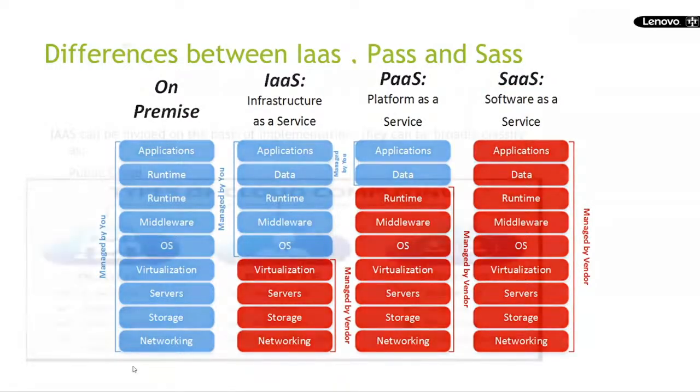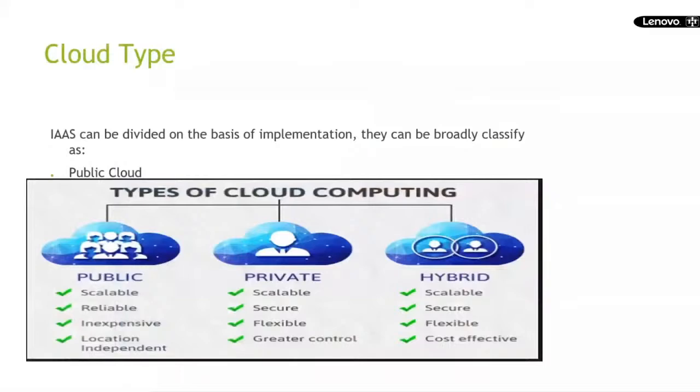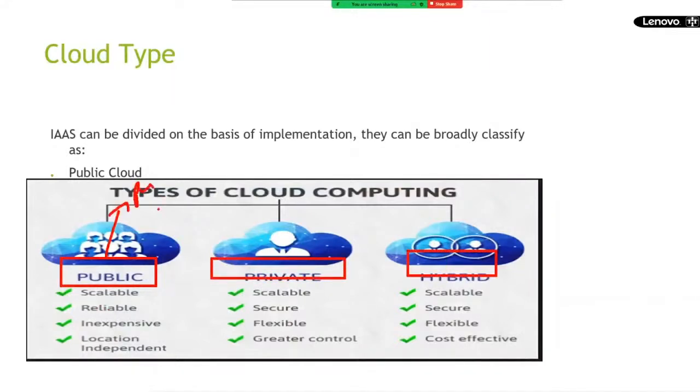Next, globally we have three types of clouds: public, private, and hybrid. What is public, guys? Public means the services or resources can be accessed from anywhere in the world. I am repeating, the resources can be accessed from anywhere in the world is called public.